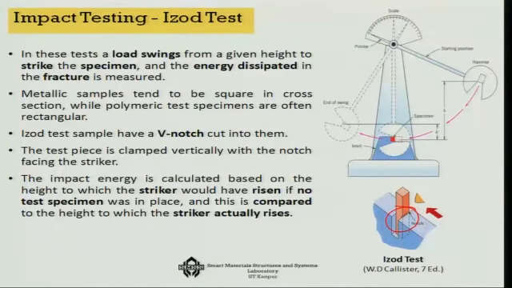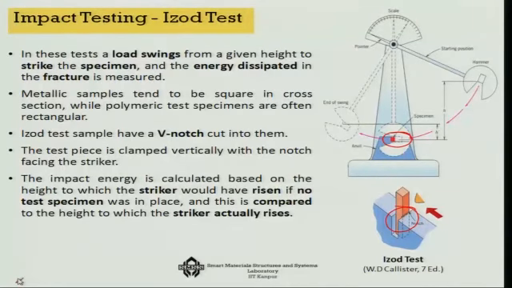If there is no sample, then it can go to a particular distance. If there is a sample there, then some energy is taken by it, so it cannot go up to that distance. So, you take that ratio of the two, the return ratio we call it, and that gives a measure of how much energy is absorbed by the material, which is a measure of the toughness of the material.